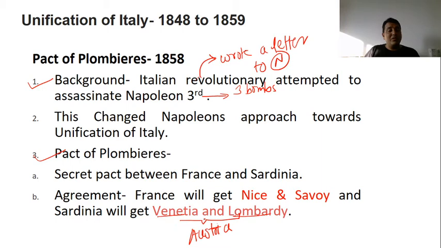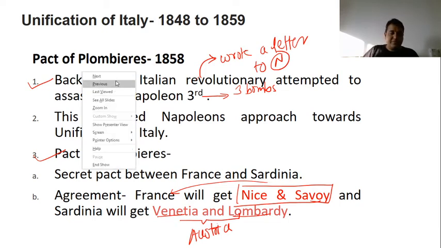But Napoleon in return wants something, so Cavour, with a heavy heart, agreed to surrender Nice and Savoy to France, and Venetia and Lombardy to Sardinia. Clear? So it was a case.